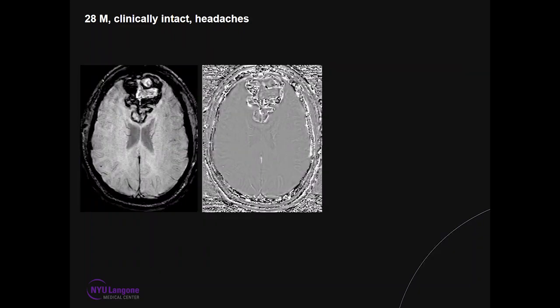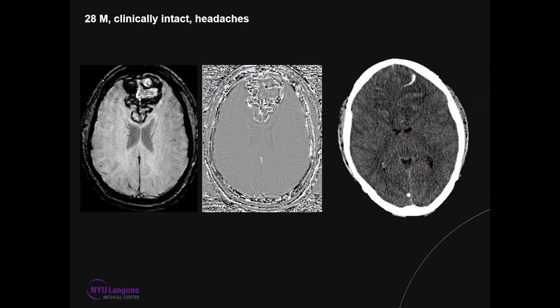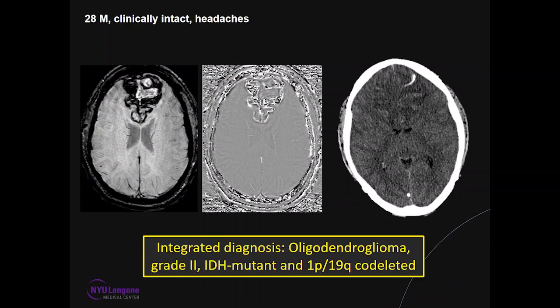And this is the SWI imaging on this patient showing that this tumor is also partially calcified, as you can confirm with CT scan also. There's partial calcification, and it turns out this is an oligodendroglioma, grade 2, IDH mutated. More importantly, 1p19q co-deleted. Hence, this integrated diagnosis of a molecular oligodendroglioma. Now, molecular oligodendrogliomas, as we know, have a median survival of 15 years.